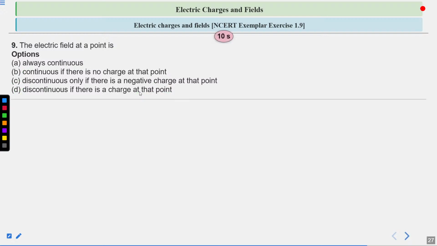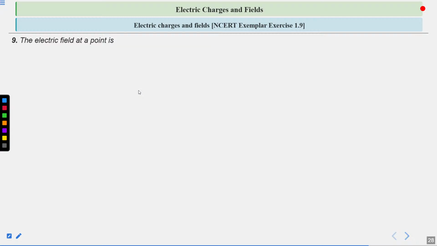Think about it. Which option is correct? So the correct answer is B and D.